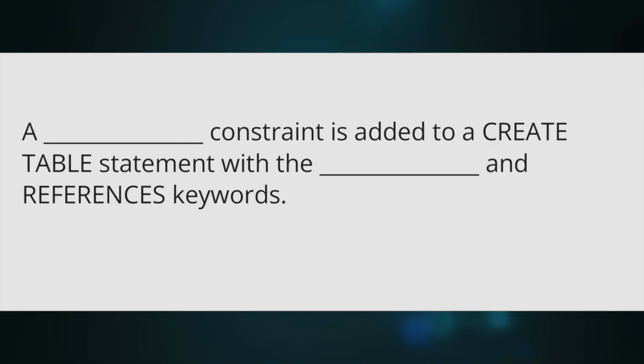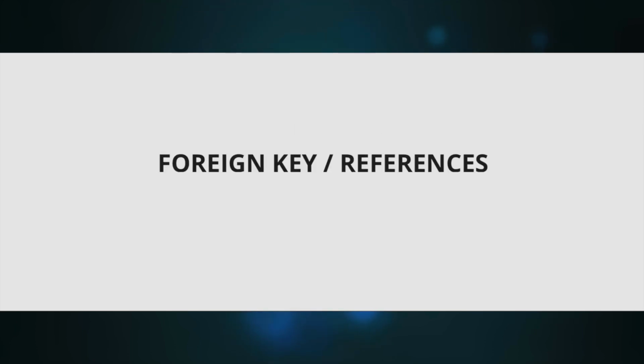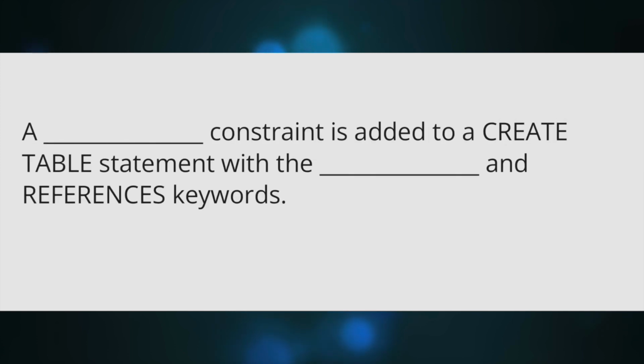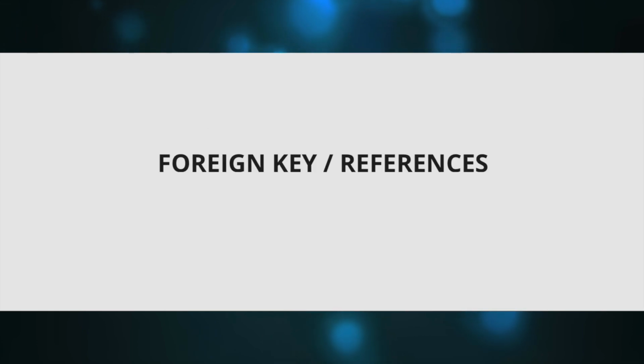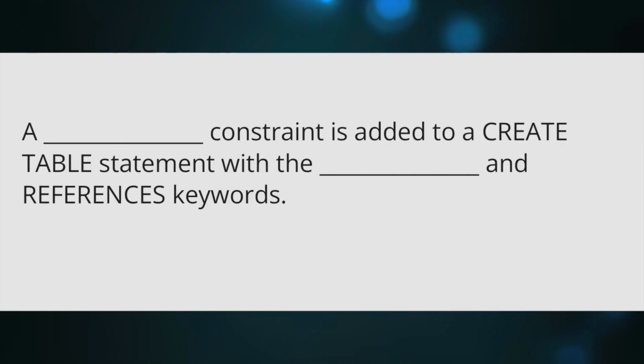Okay. Cool. A blank constraint is added to a create table statement with the foreign key. So what it is, a foreign key constraint is added to a create table statement with the references keywords. So a foreign key constraint. So remember, a foreign key restricting rules, just think about that like it's a restriction.